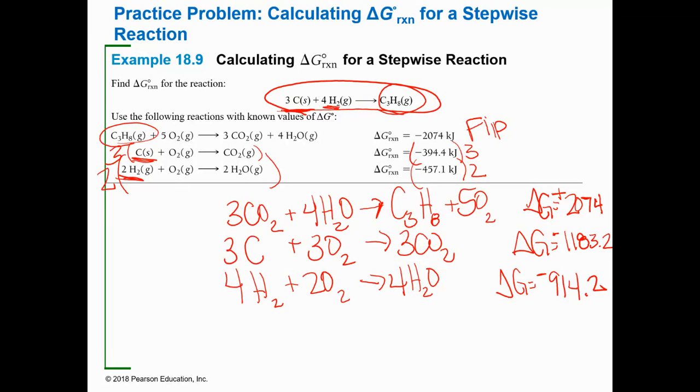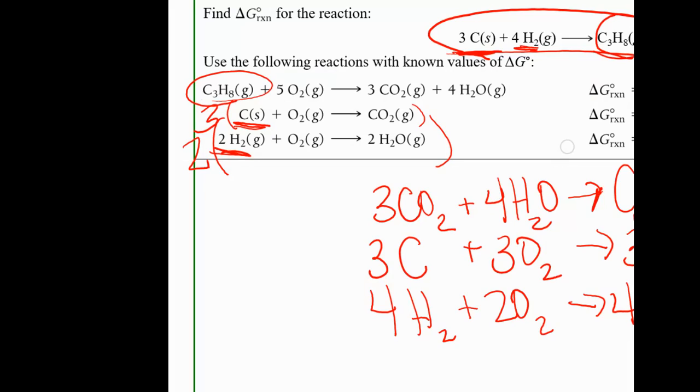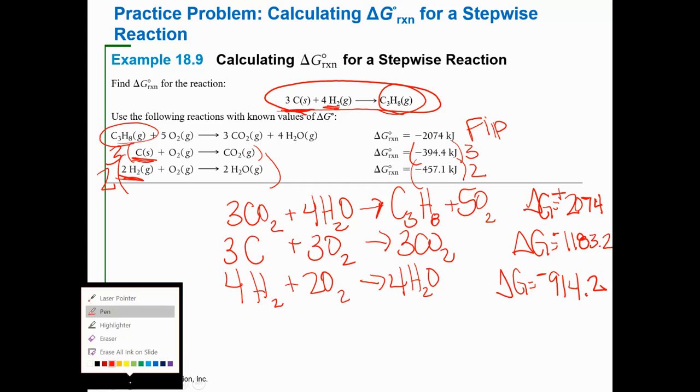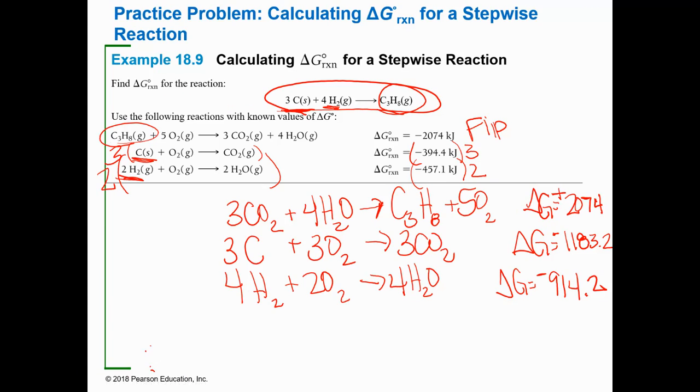Once you have manipulated all of your reactions, we start crossing off what's the same on both sides. I was hoping to see if it would let me change the color, and it is. I need to cross out what's the same on both sides of the arrow. It doesn't matter which reaction it is, as long as it's on opposite sides, we're good.